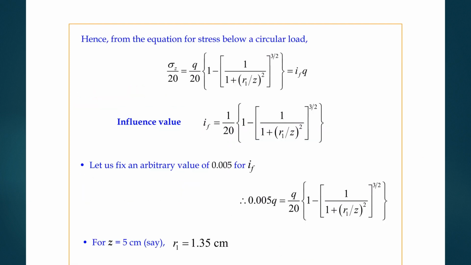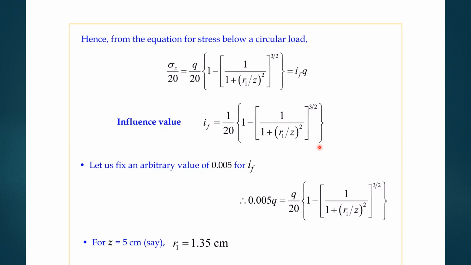From the equation for stress below a circular load, sigma z by 20 is equal to q by 20 times the bracket 1 minus 1 over 1 plus (r1 by z) whole squared, all to the power 3 by 2. Hence this is the influence value. We can calculate the influence value from this formula.